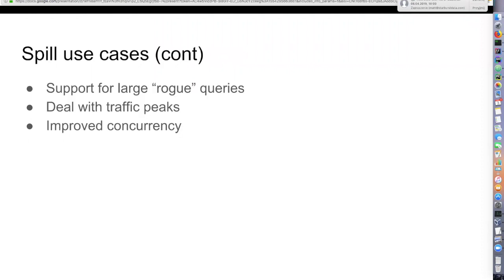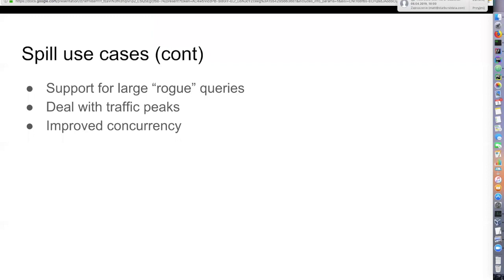And I think Dane also mentioned that, I don't think it's the case at the moment, but you can design your workload in such a way that you enable Spill for only some category of queries, I think via resource groups.